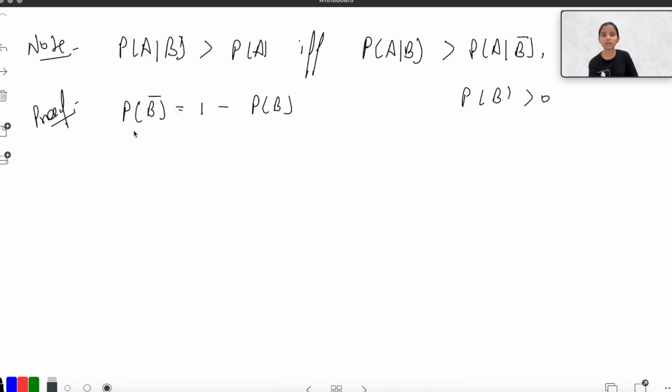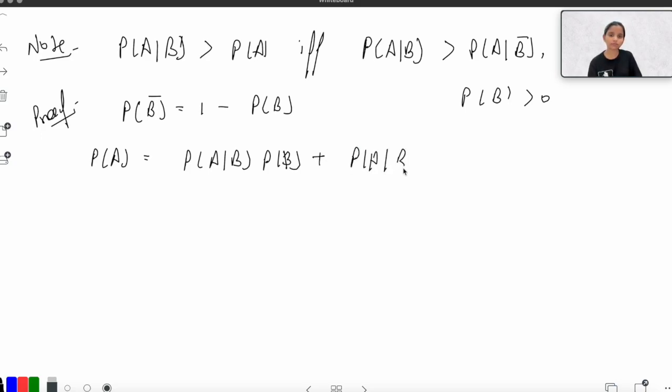When we look at the unconditional probability of A, by the law of total probability, we can expand it as probability of A given B times probability of B, plus probability of A given B bar times probability of B bar.